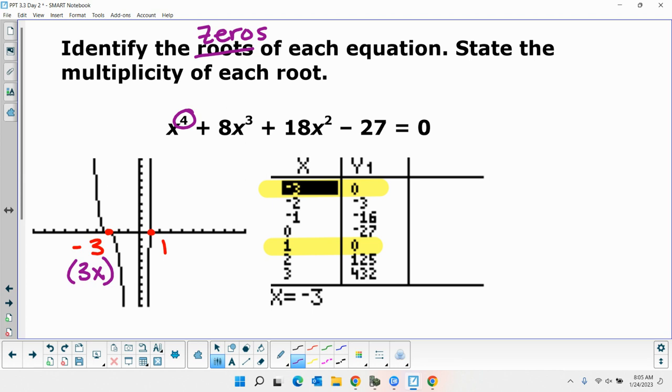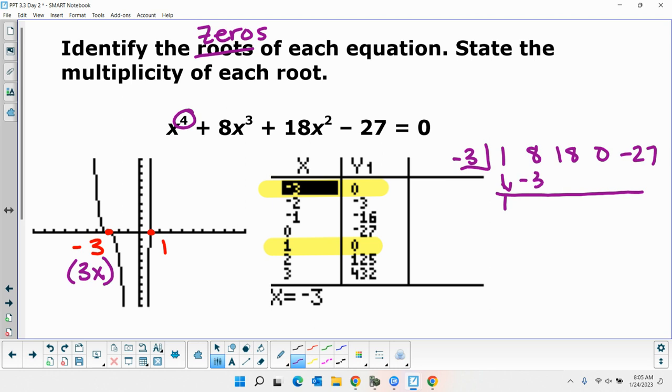Okay? Now, I want to check just real quick to make sure our thinking's right. So I want to put -3. And then we got 1, 8, 18. What is missing? An x, right? So I got to add a 0 to this one when I check. So 1, 8, 18, 0. And remember, that's -27.